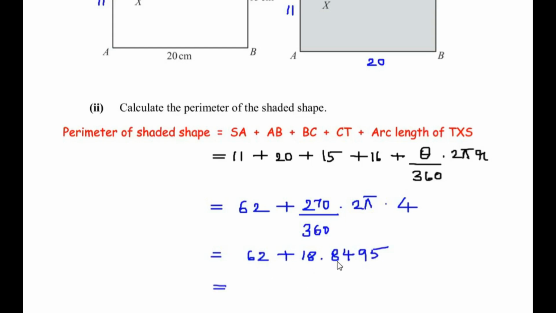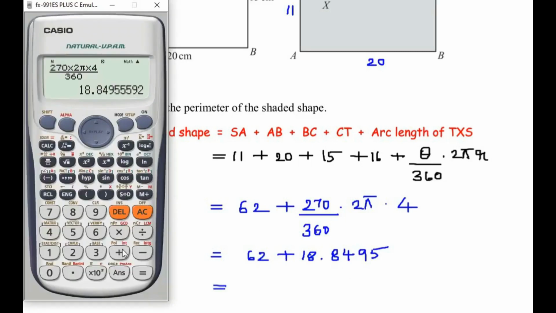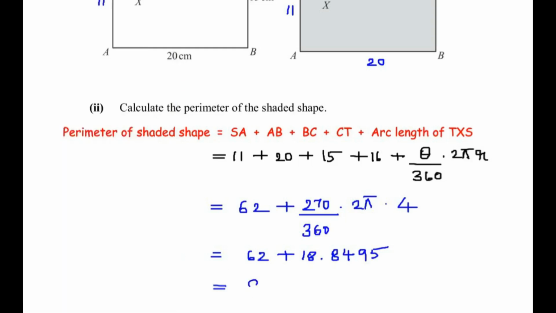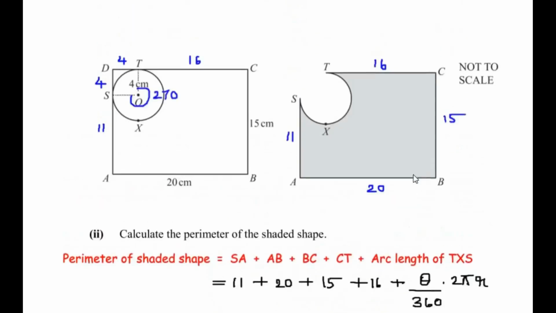So let us add this answer with 62. So we get this plus 62 as 80.849 or 80.85. So I will round it off as 80.85 centimeter. So this is the perimeter of the shaded shape.